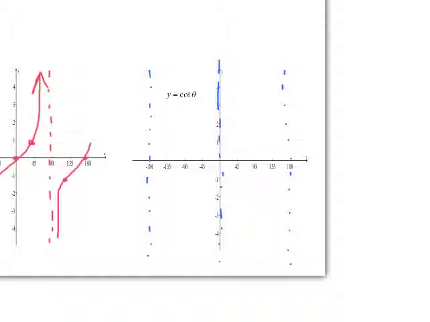I should look up there. Negative 135 is positive 1. Negative 90 is 0. Negative 45 is negative 1. So now we can see it's a very similar shape, but now we're going down instead. And so that's our shape.